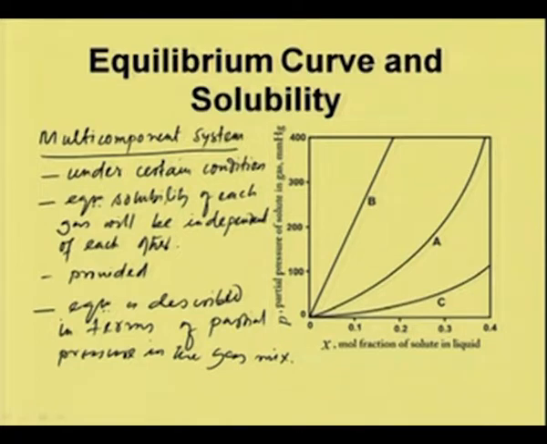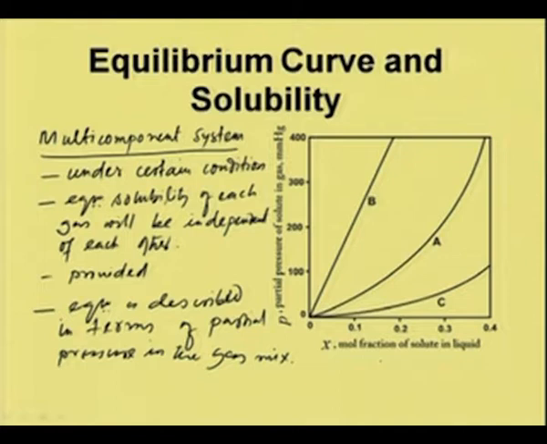If all components but one are substantially insoluble, their concentration in the liquid phase will be so small that it will not influence the solubility of the other component, so the generalization principle, as we said, which will not be influenced by the presence of other solutes, will be applicable.